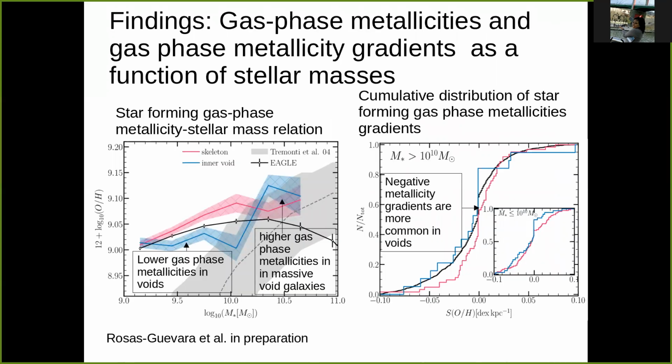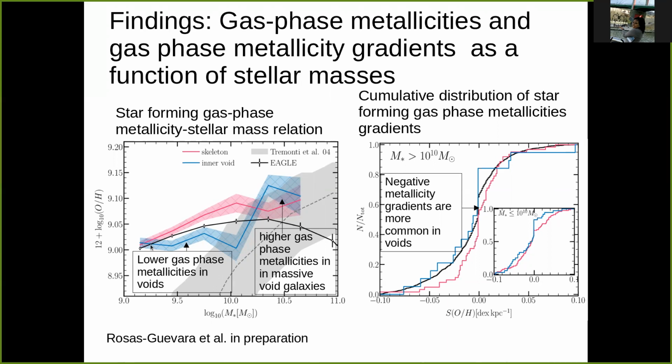An important property that characterizes a galaxy is its average metallicity, since it encapsulates the assembly history of a galaxy. The left panel shows the mean relation of the star-forming gas phase metallicity and the stellar mass.